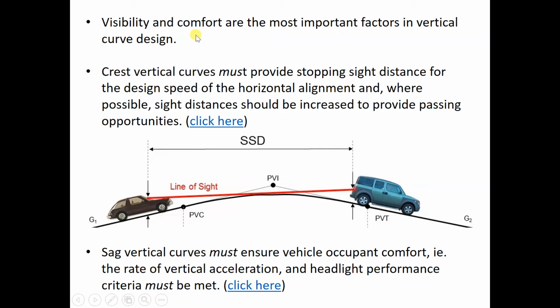Visibility and comfort are the most important factors in vertical curve design. So when you design a curve, you need to look at visibility. Visibility leads to adequate sight stopping distance, so that is also safety.